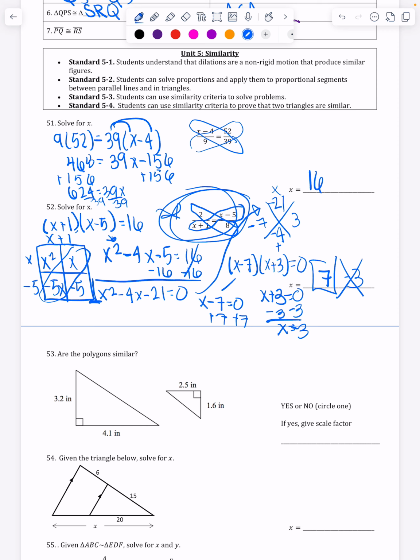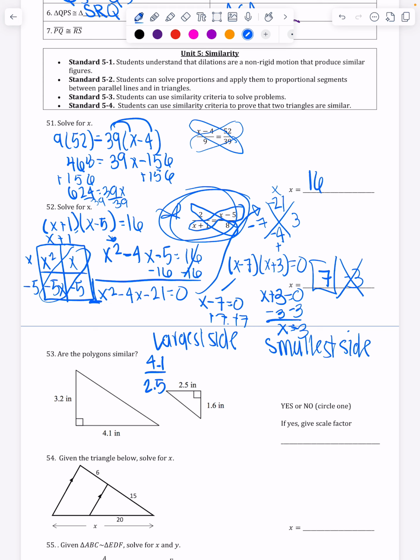It has to be positive. Okay, next up, are the polygons similar? Well, since there's no congruency statement, I'm just going to go ahead and take my largest side and my smallest side, and I'm going to see if I can simplify them. So it's going to be 4.1 over 2.5.